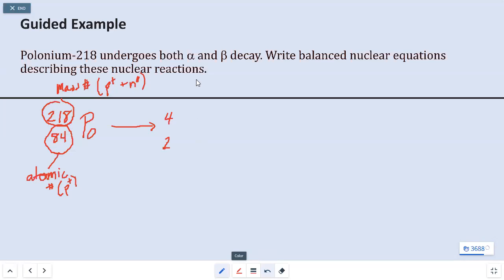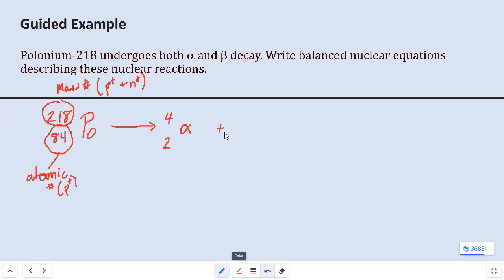For the purposes of sticking with the nuclear notation, I'm going to use the alpha here. But again, understand, you could put helium in that spot, it would be just fine. So the question here really is, what's the product after this polonium goes through its alpha decay?